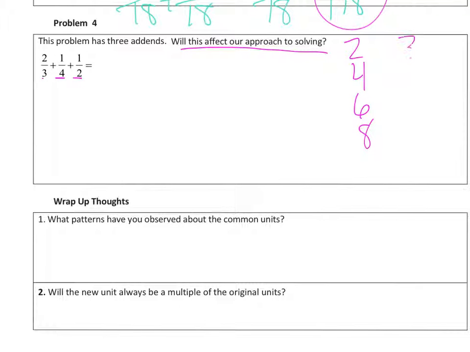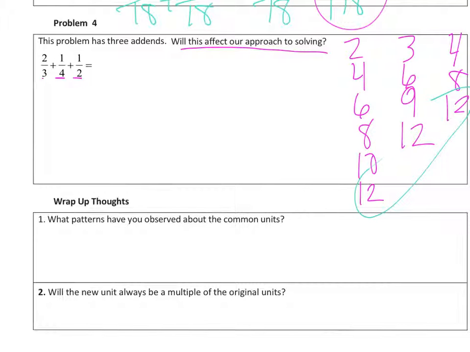Then 3s: 3, 6, 9, 12. And then 4s: 4, 8, 12. I don't see any that all 3 have in common yet, so maybe I'll go a little further. 10, 12. Hey, there it is. They can all go into 12ths.